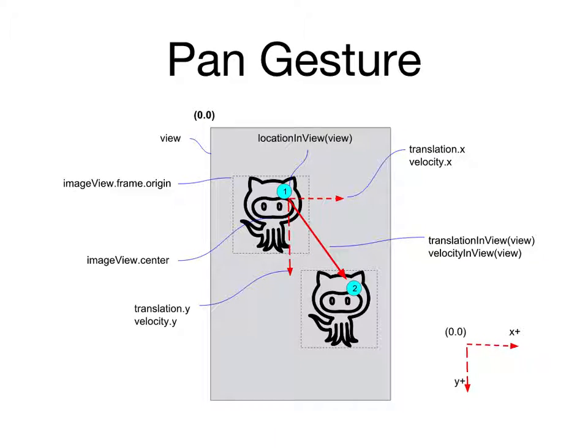For example, if you move from left to right you do some action, and from right to left you do some other action. That's why you have translation.x and translation.y. If translation.x is a positive number, we move from left to right. If it's negative, you move from right to left. Similar for y.